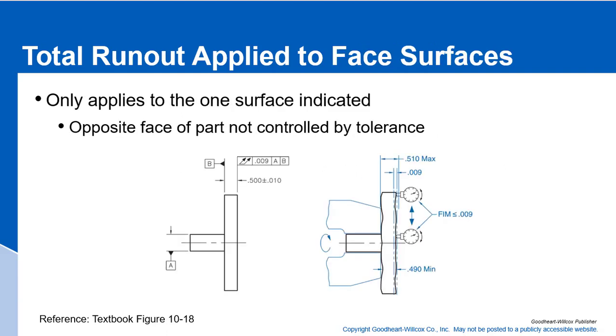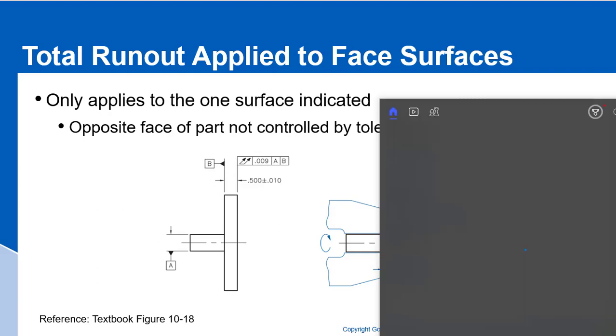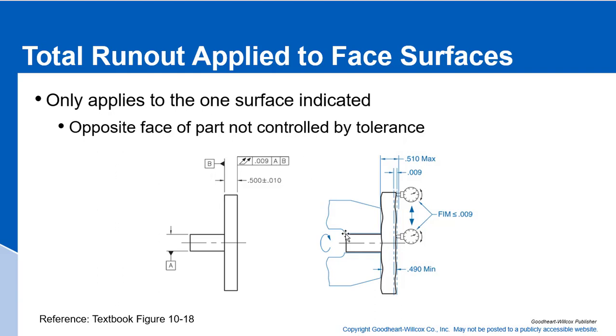Now we can also apply total runout to face surfaces, kind of like what we did before. In this example, we're using the axis of revolution as datum A, and we also have a face surface for datum B. Then we have a total runout on the opposite face of B. And our feature control frame goes to A and B, in which case we need to chuck up on datum A, and then we'll touch the face with datum B to simulate datum B, and then we will scan our indicator while we're rotating the part.